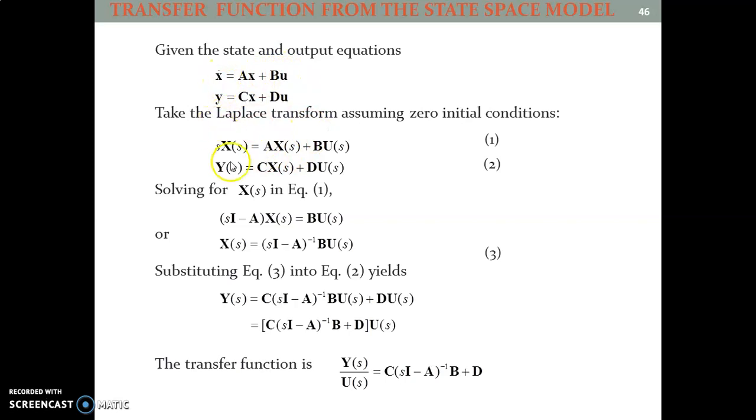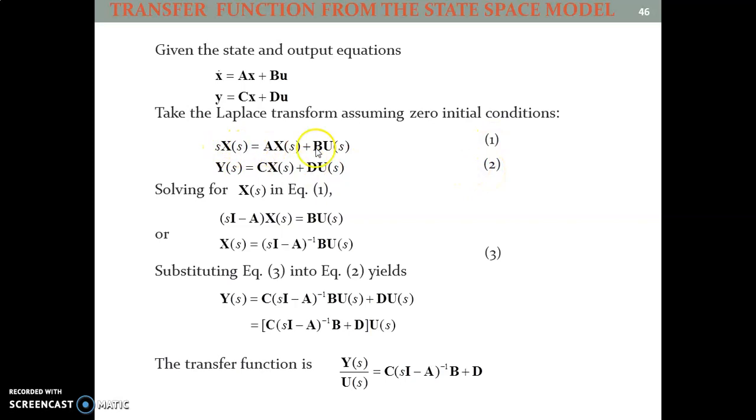You will get sX(s) minus X(0), and because the initial conditions are 0, we neglect X(0). That is equal to AX(s) plus BU(s). For the second expression, applying the Laplace transform, Y(s) equals CX(s) plus DU(s). So these are equations 1 and 2.